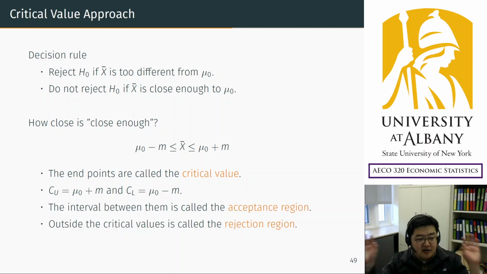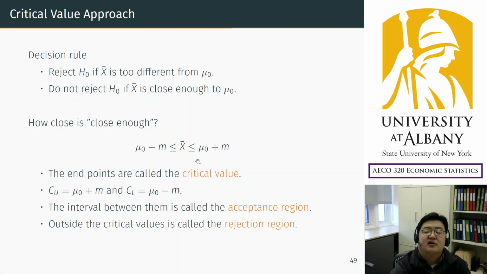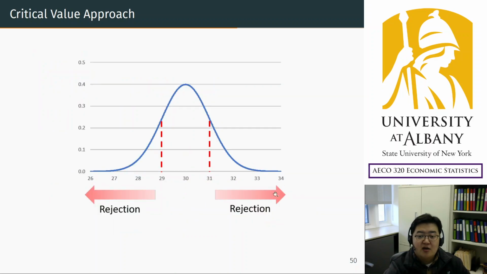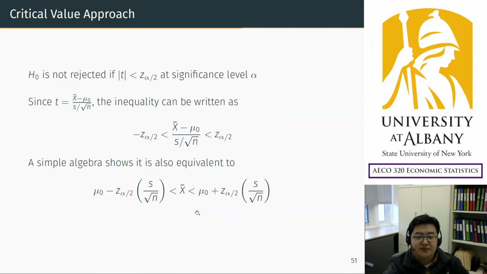But outside of them is the rejection region, because the null hypothesis is rejected. So if your belief is 30, then you allow a certain margin. So you have some lower critical value, upper critical value, acceptance region, and rejection happens outside of that region.